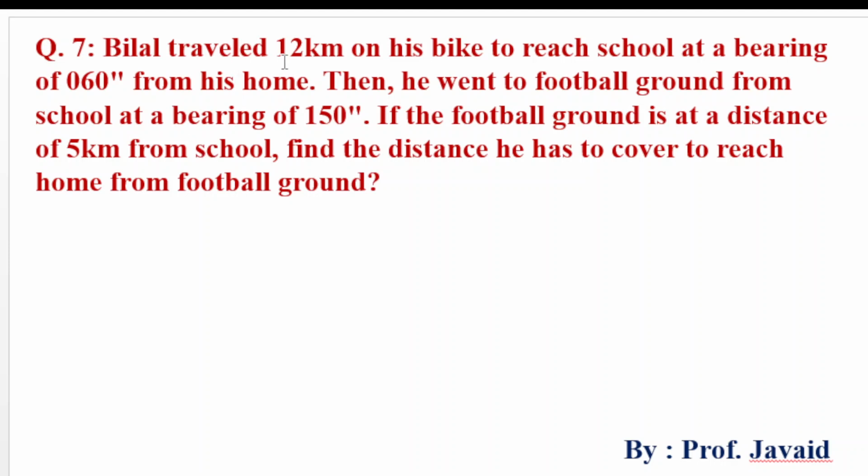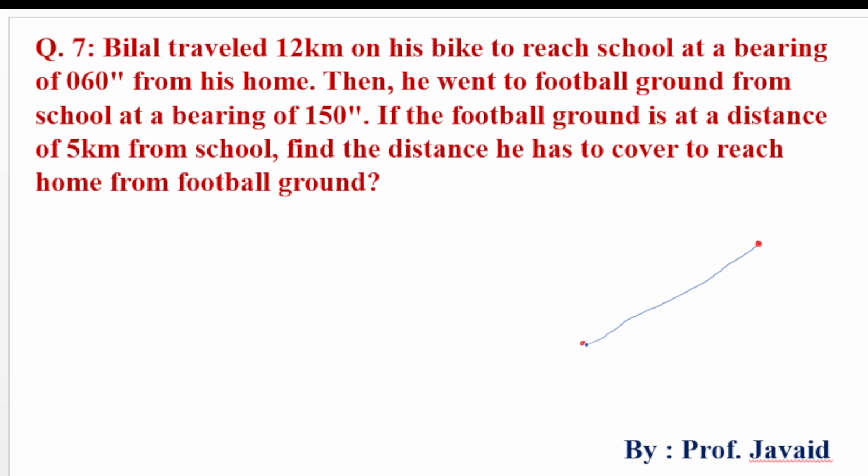Question 7. Bilal traveled 12 kilometers on his bike to reach the school at a bearing of 60 degree. So let me first of all draw here this home and here is the school. Now draw the lines like this.